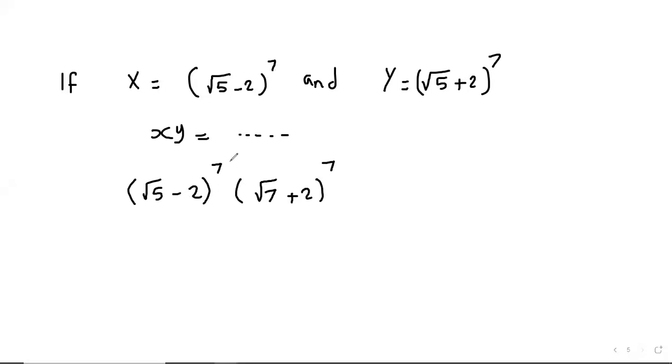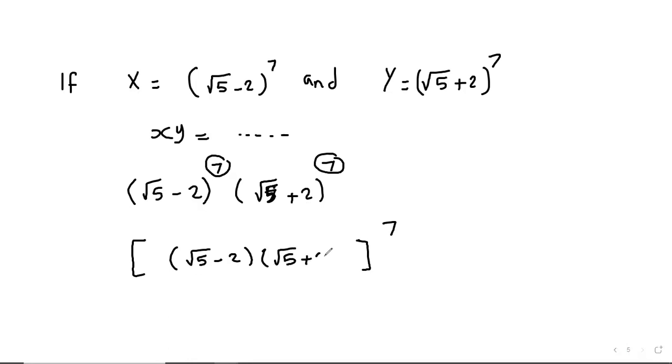As you see here, we have the same power. So we can multiply and raise the product to the power of 7. We are going to multiply root 5 minus 2 by root 5 plus 2, all raised to the power of 7.